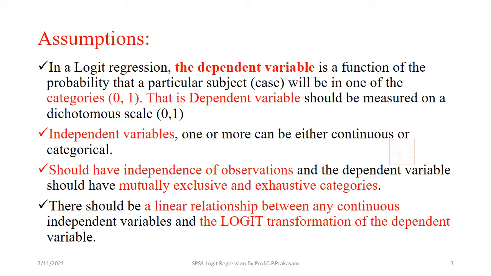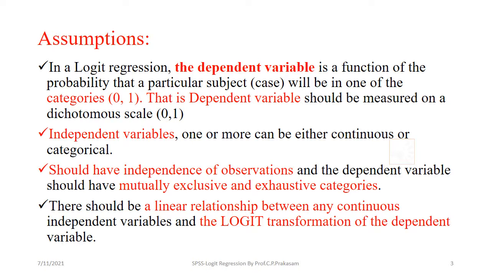The dependent variable should be measured on a dichotomous scale within the range of 0 and 1. Independent variables, one or more, can be either continuous or categorical. It is also possible for an independent variable to be a dummy variable.